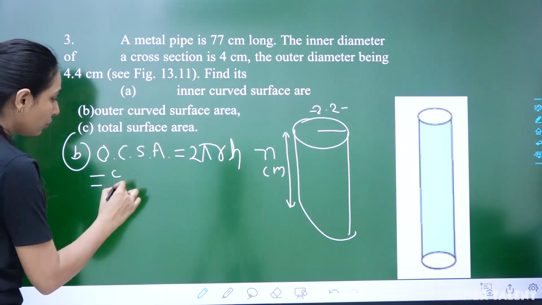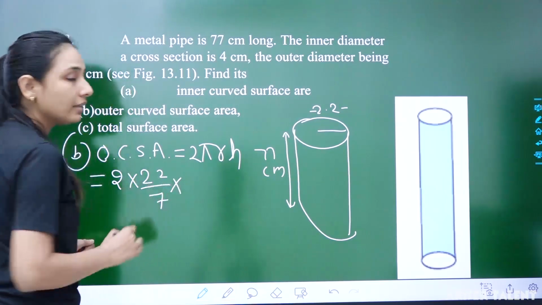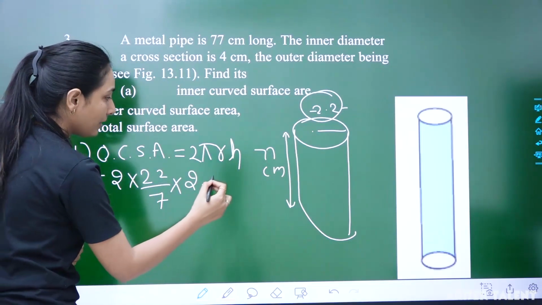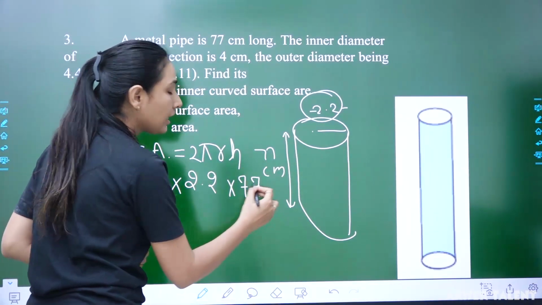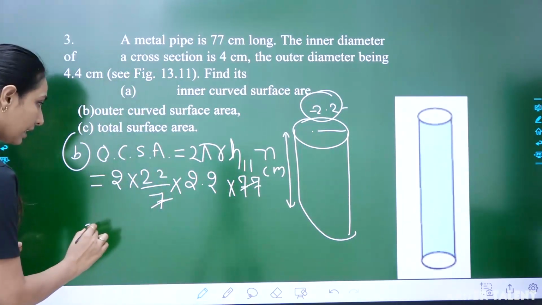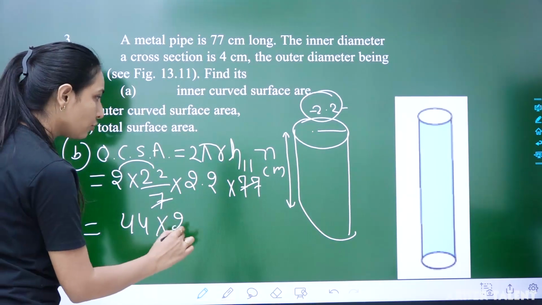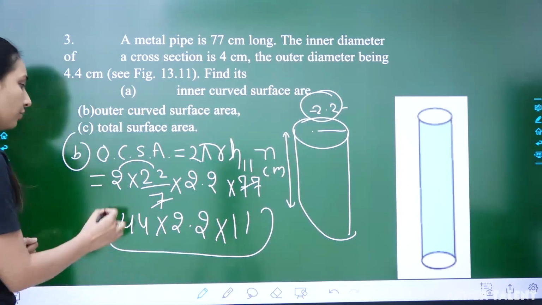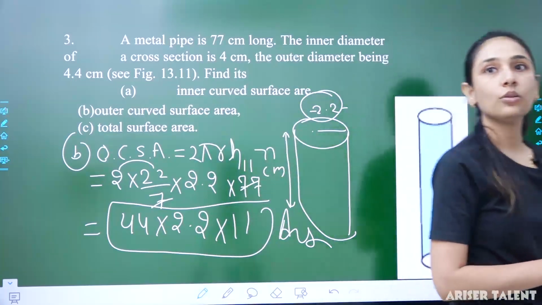Now 2 pi, 22 by 7, r the radius, in this case this is 2.2, and the height is 77. Solve it. That will be 44 multiplied by 2.2 multiplied by 11, and you solve it and you will get your answer. Okay, note it, students.